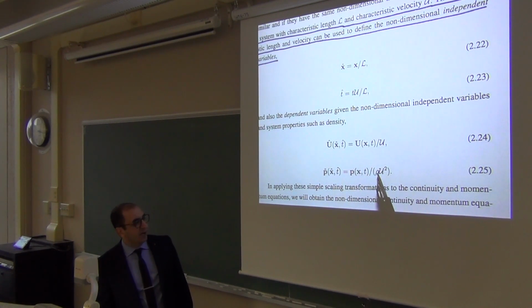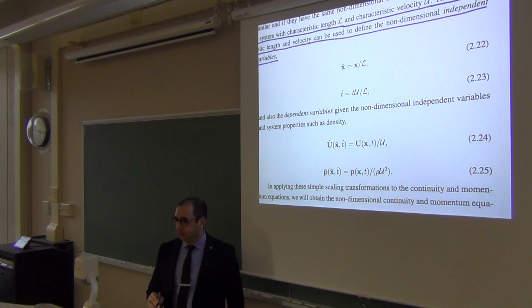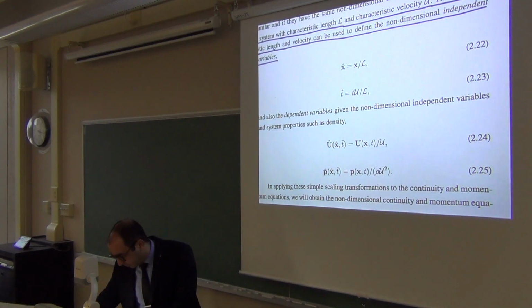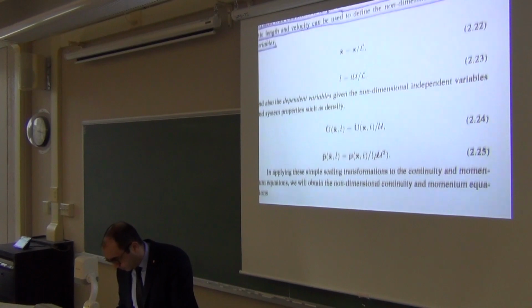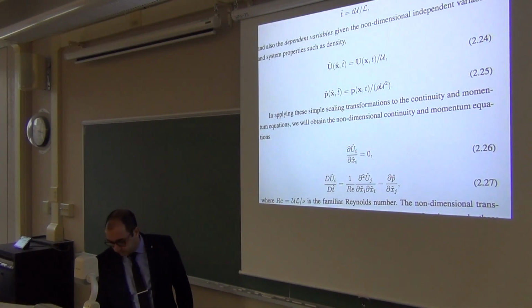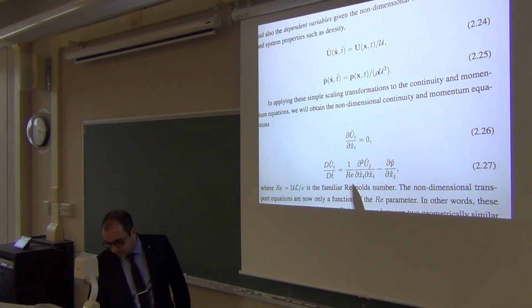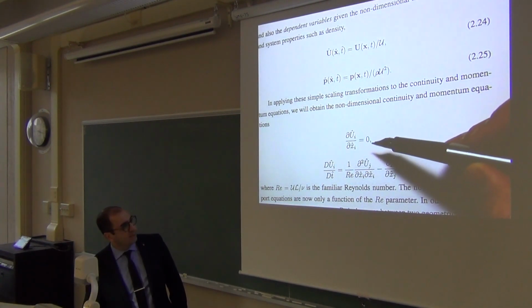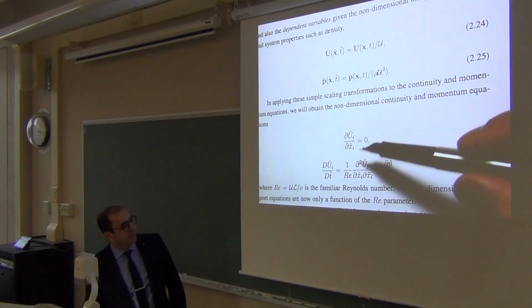Now you divide by density times velocity squared. That gives you the unit of pressure, and then your pressure will be non-dimensionalized. And what's really exciting is that you can rewrite the Navier-Stokes equations and the continuity equation, and they look the same.